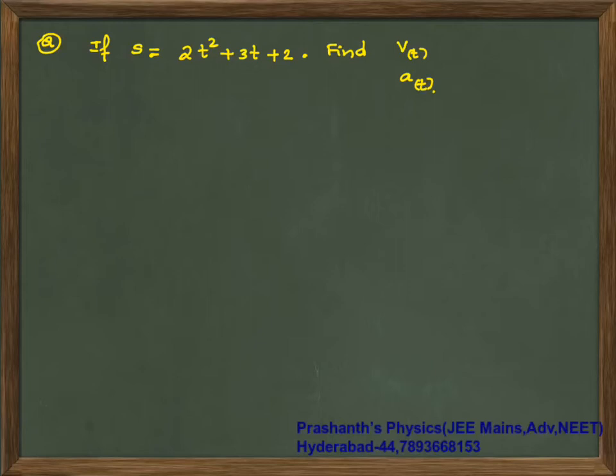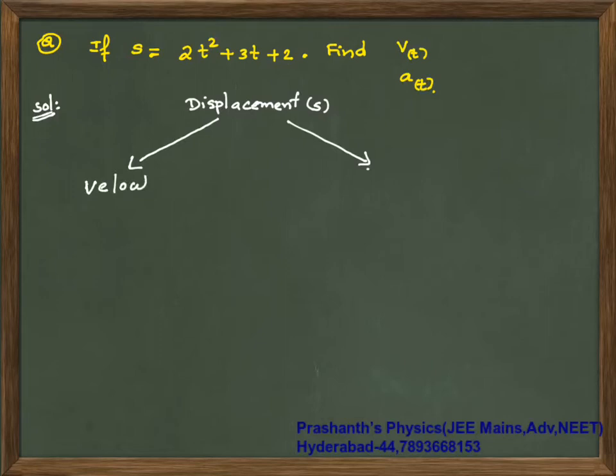This is your first question. Now what is the answer? If you have displacement, there are two things that you can do. One is differentiating, you can get velocity here, and you can get acceleration here.